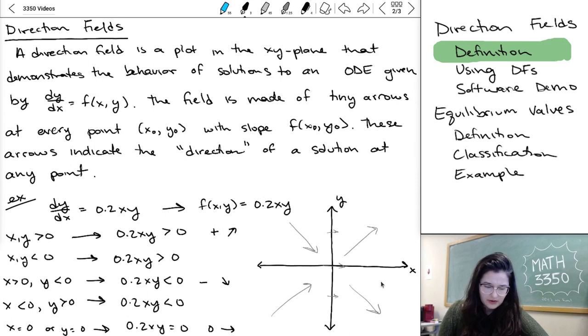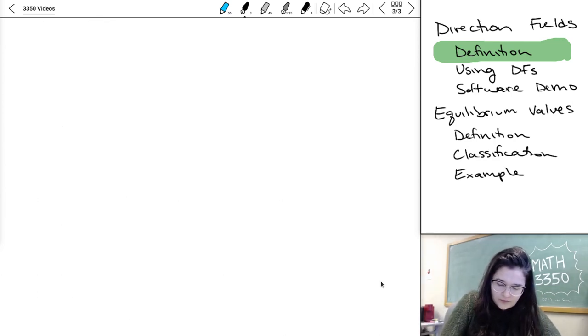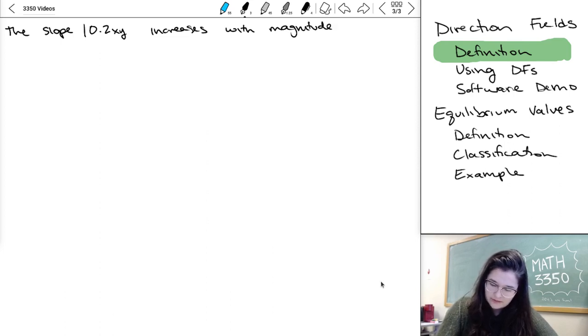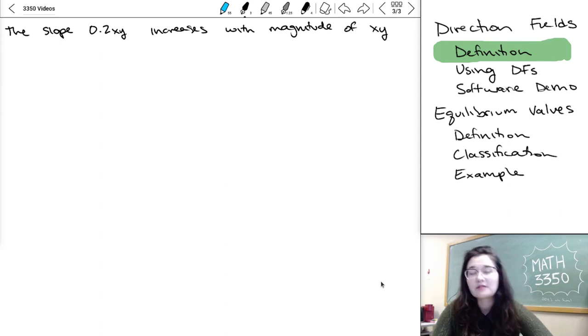And then one thing that I want to note about this is that the slope, which is sort of like the magnitude of 0.2xy, is going to increase with magnitude of xy.